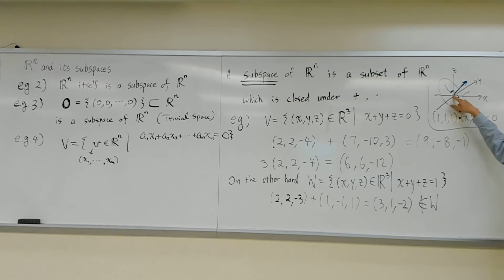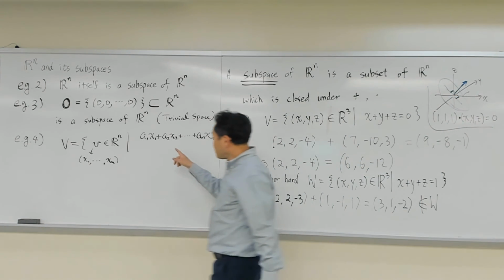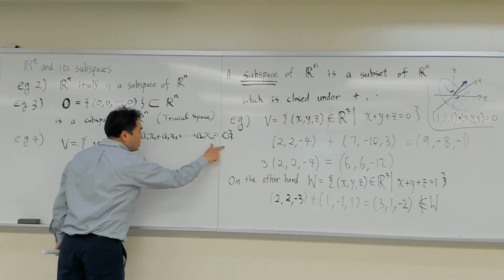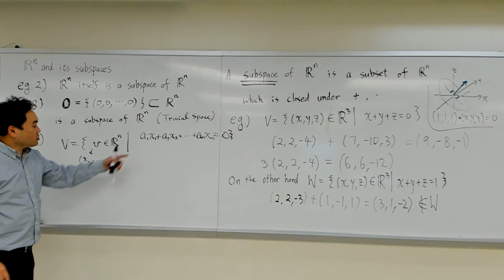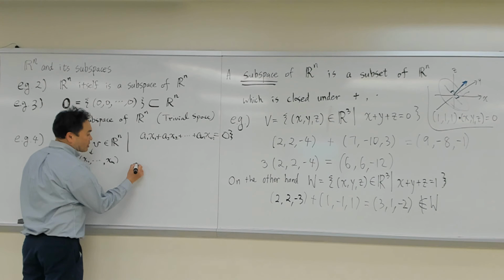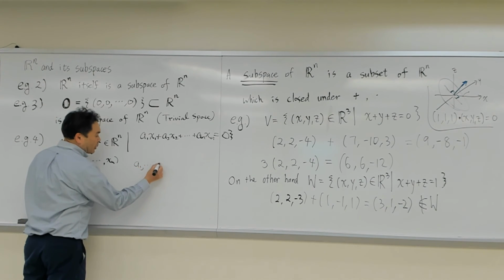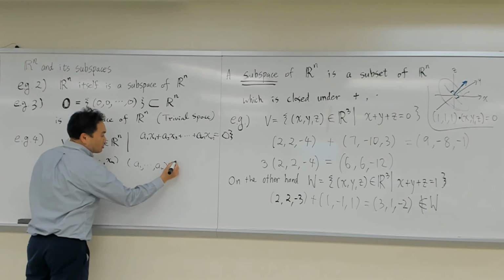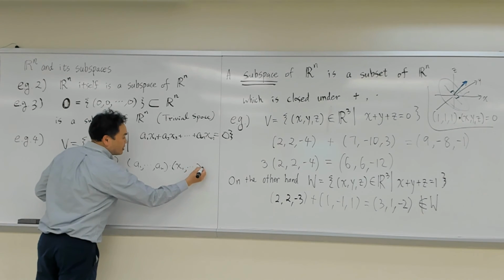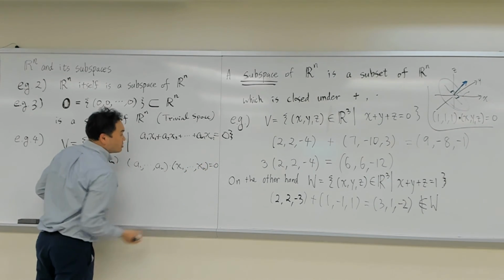0 meaning the origin of the three-dimensional space. Okay? And you can use the same argument for this one and say that this is really saying that I have a vector (a1 through an) dotted with (x1 through xn), and that gives you 0.